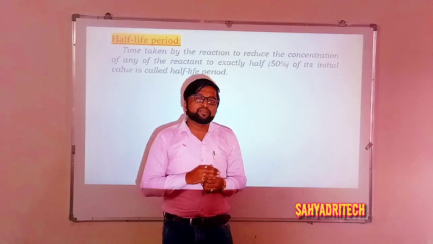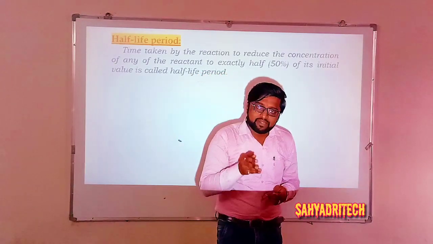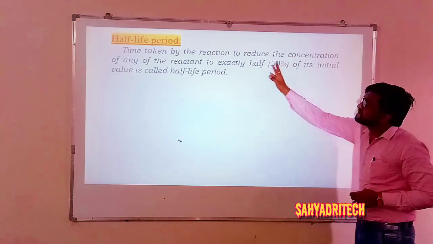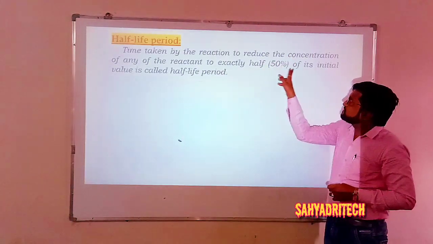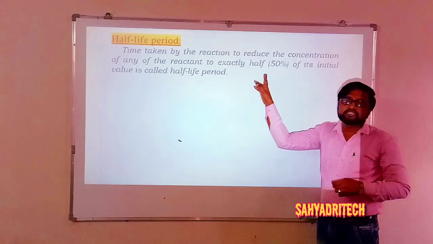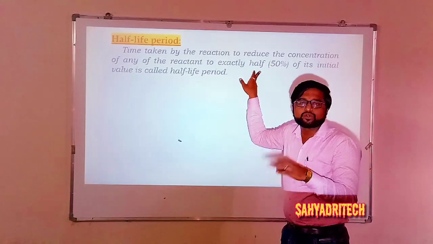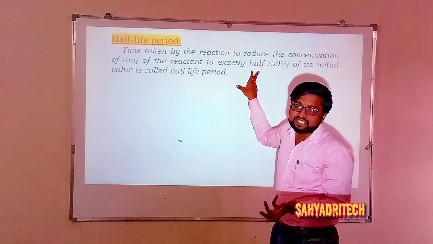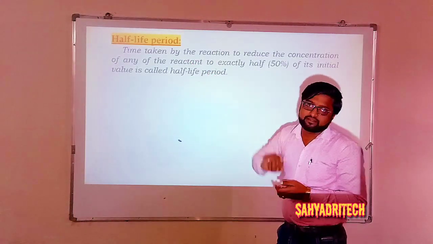Now what the half life period says is the time taken by the reaction to complete exactly half of the initial value. As I said, if 100, then half means to convert 50 molecules into product, how much time is taken? It specifies the half-life period.